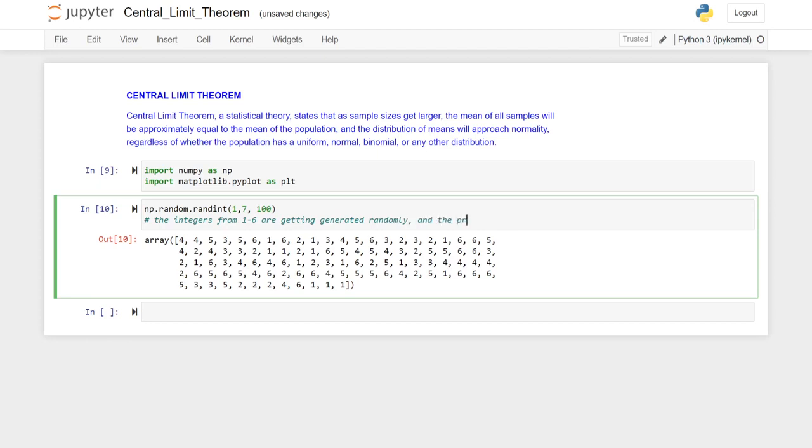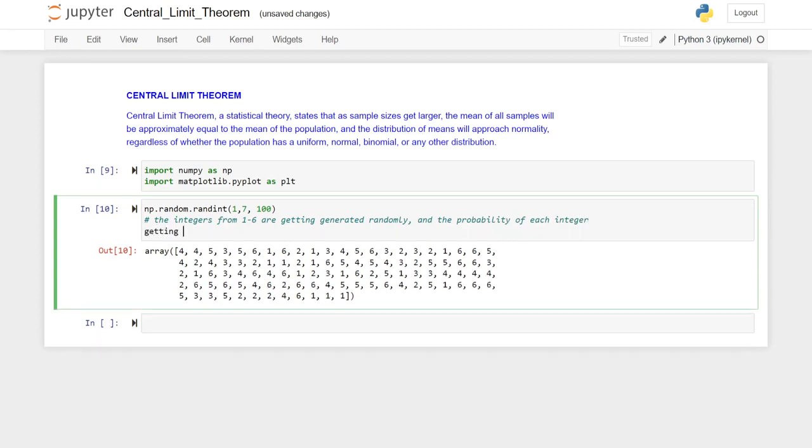And the probability of each integer getting selected is 1 by 6 or 0.1667, or we can write 16.667%.